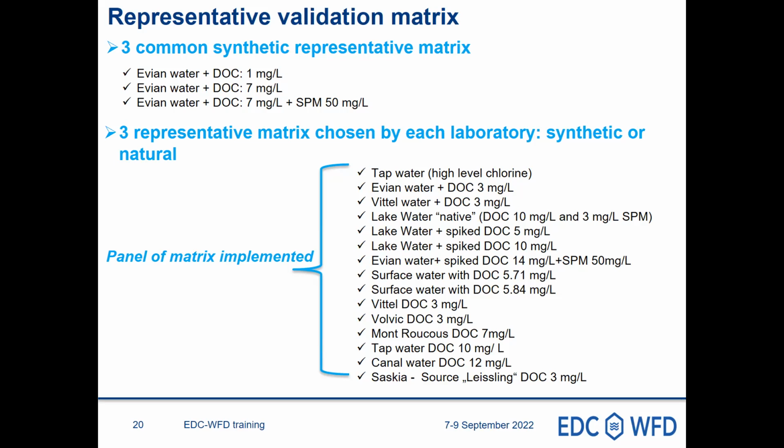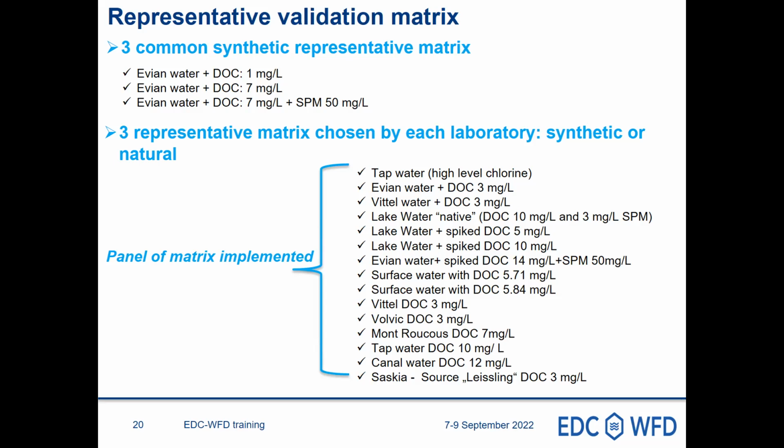So this is the strong basis which will allow us really to strictly compare the performance of the different methods developed by the different partners, because we will all have the same matrix in each lab. And furthermore, each lab was free to choose 3 representative matrices at its convenience, synthetic or natural.